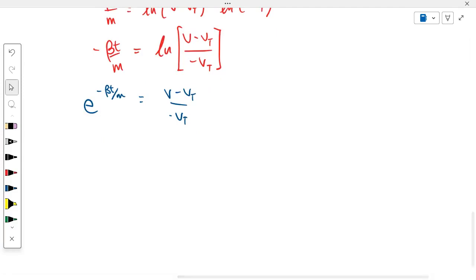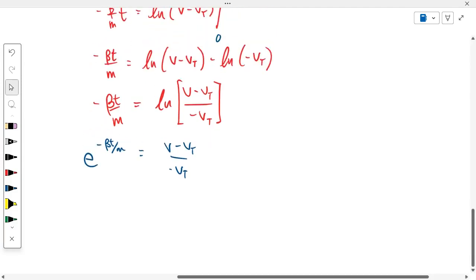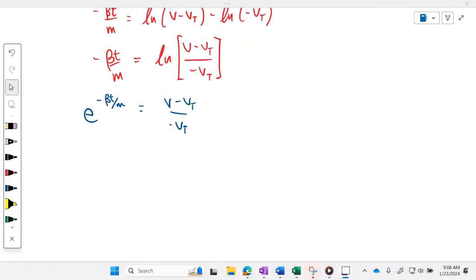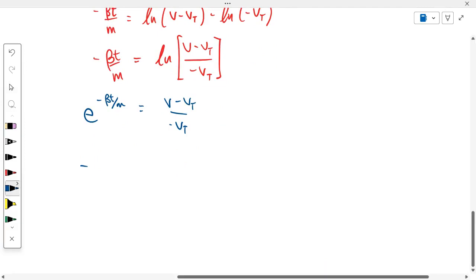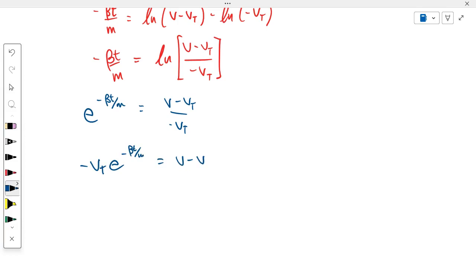Wait, now wait a minute. Did I make a mistake? Hang on. On the upside, I realized I didn't make a sign error before, so we're all good. So now we're going to solve for V. Negative V terminal e to the negative beta t over m equals V minus Vt. Add Vt to both sides.